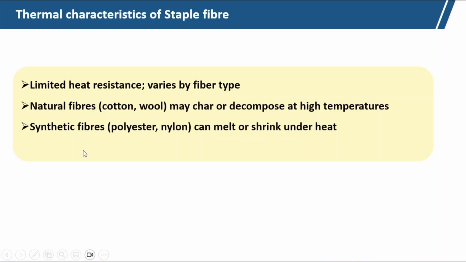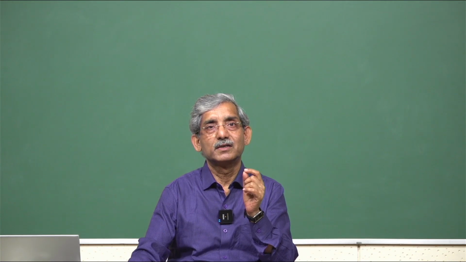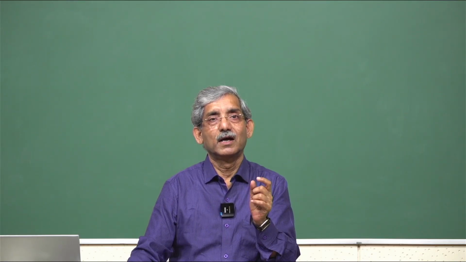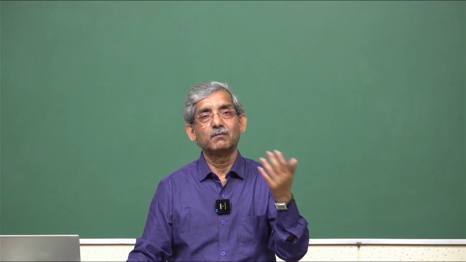Now, synthetic fibers like polyester, nylon, the staple fibers can melt or shrink under heat. This provides insulation, because the staple fibers create, as I have mentioned, air pockets in the staple fiber yarn, and they give some insulation.